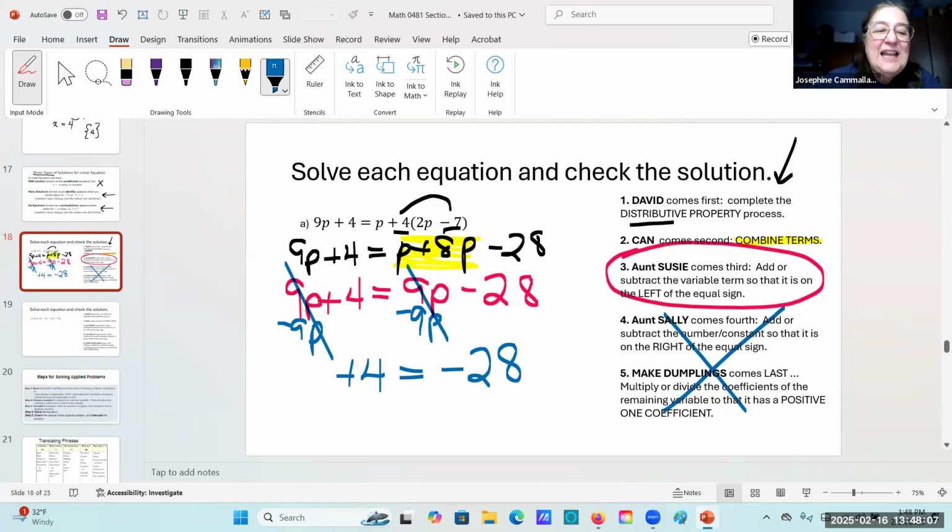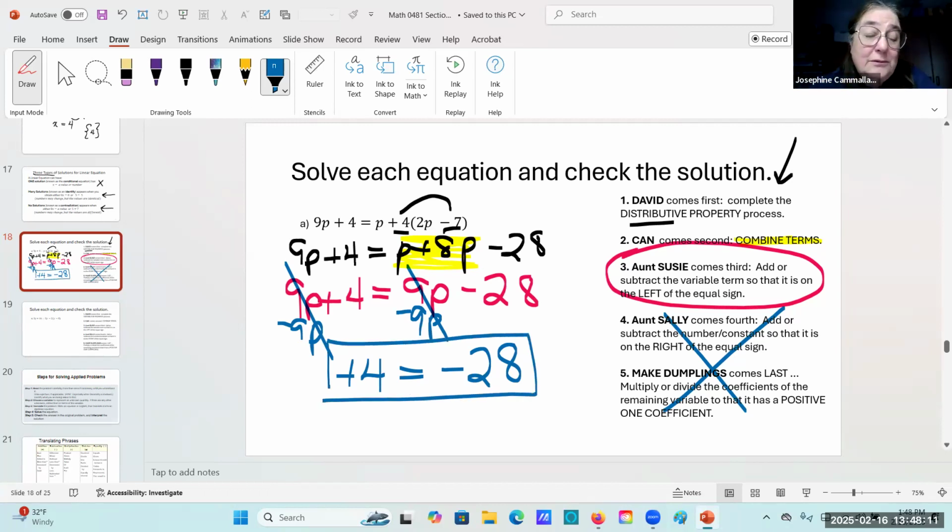Now, is this true? Can a positive 4 equal a negative 28? The answer is no. And when this happens, when you eliminate the p's by doing step number 3, all you have are the numbers left.